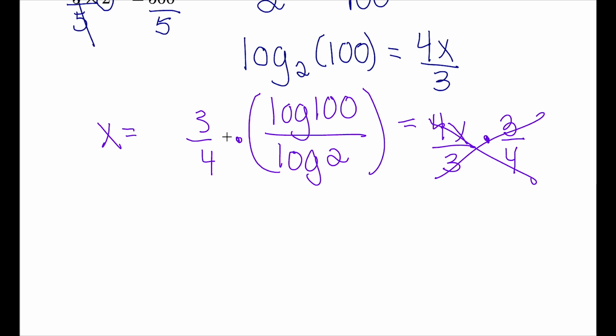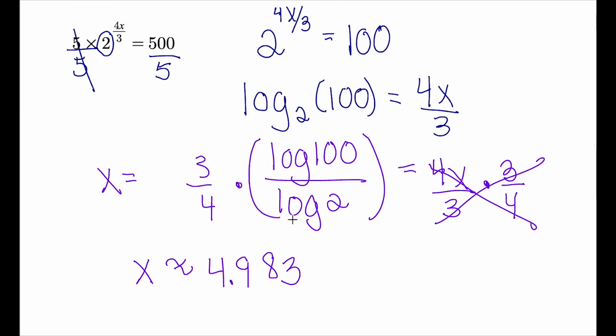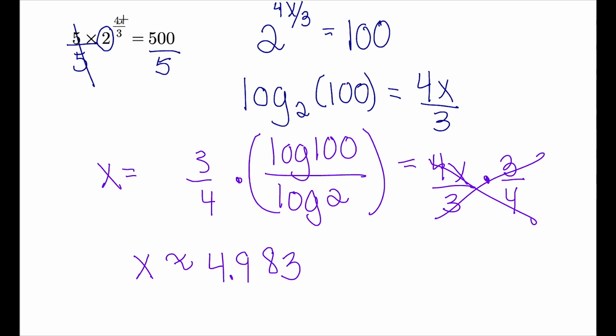So you'll go ahead and plug this into your calculator, and you should get x is approximately 4.983 to the thousandths place. And you can still plug this in for x and make sure your answer is pretty close to 500.